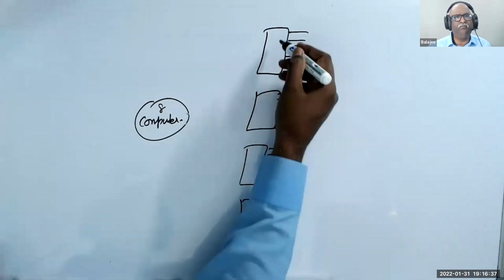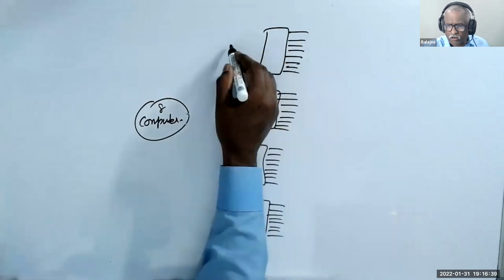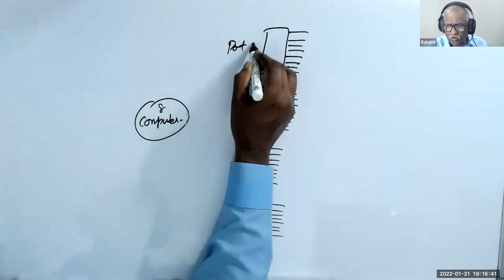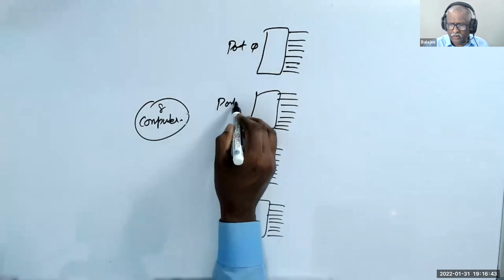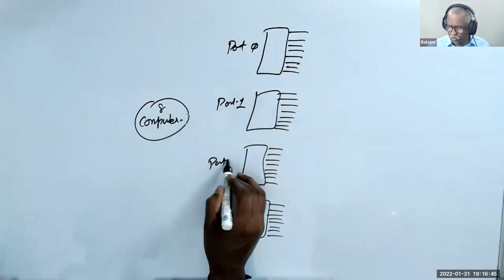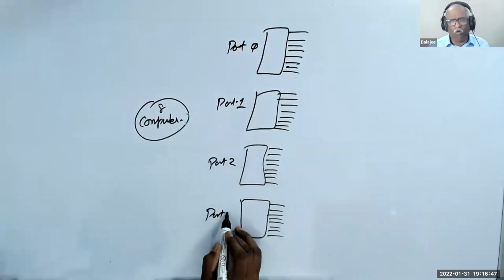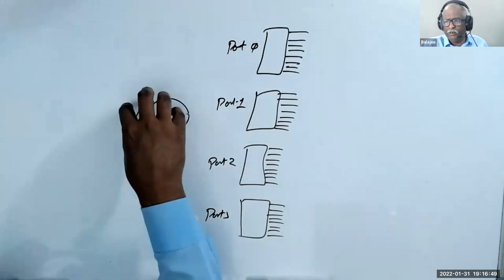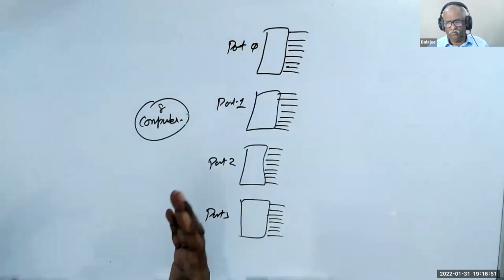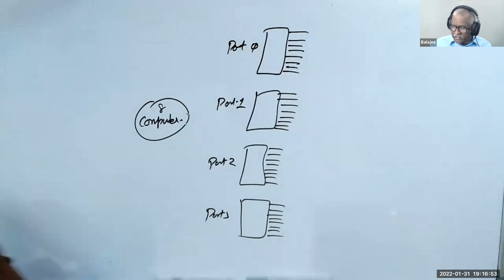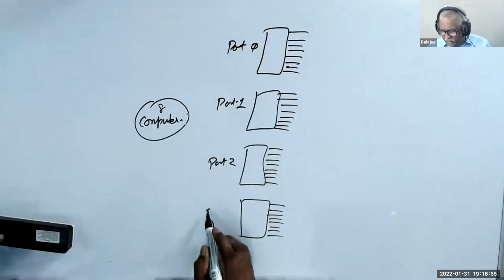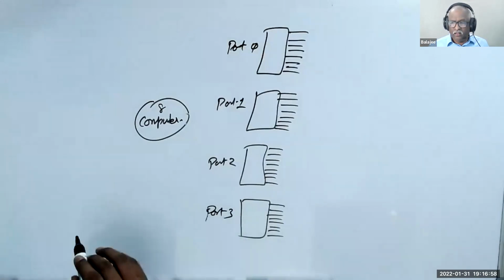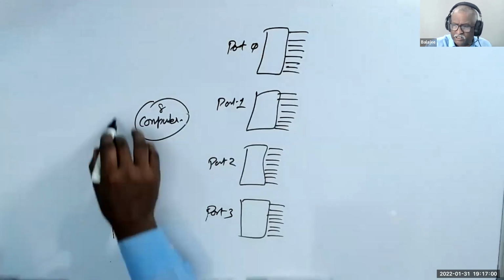Now I can have n number of ports. Let's say this is called port 0, port 1, port 2, port 3. And you have a computer, and there's a port. How do you connect them? Even though we call them everything, let's say this is inside the chip.